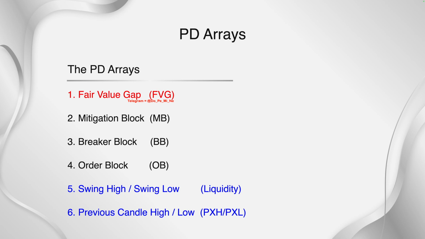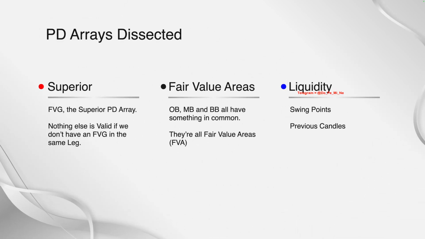That's when we look at the fair value gap in the red right there. Then we have the 3 blocks in black, and the liquidity, because both the swing points and the previous candle high and low are liquidity points. So we divide them now, and the PD arrays are dissected by the following.